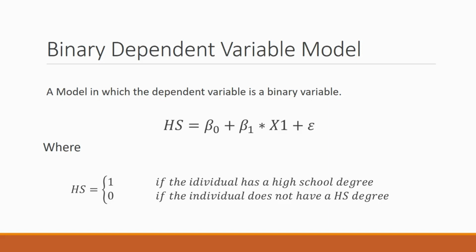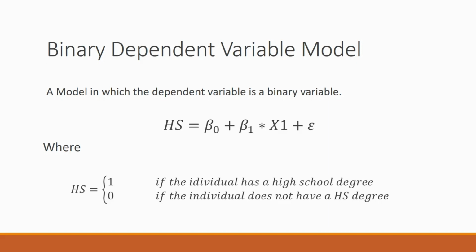That's a very relevant question because we want to make sure that students graduate from high school or college. So we would use a binary dependent variable model, where our dependent variable is a binary variable like this HS variable, which equals 1 if they have a high school degree and 0 if they don't.